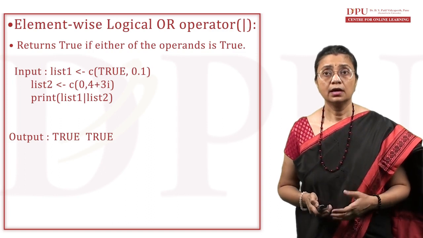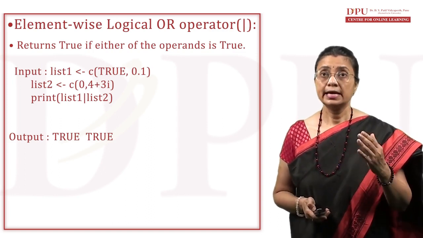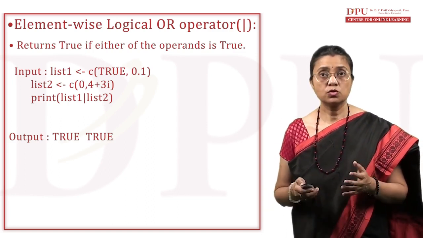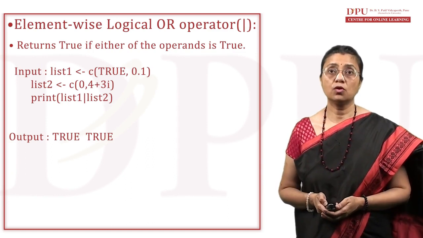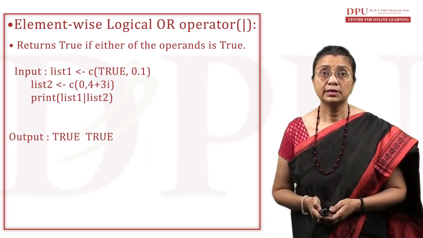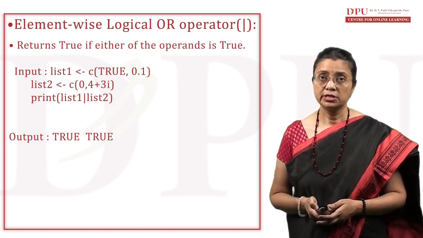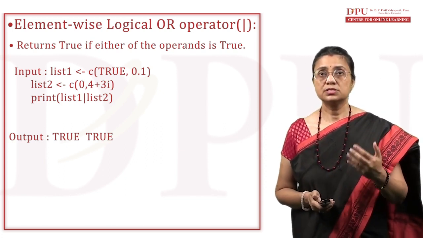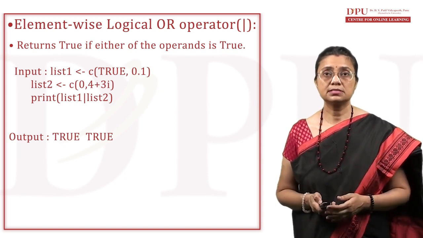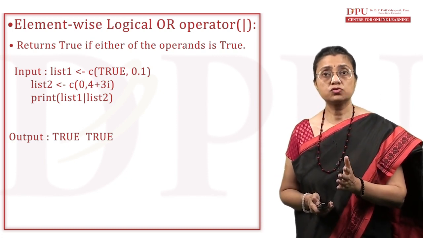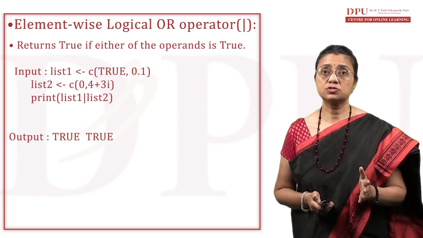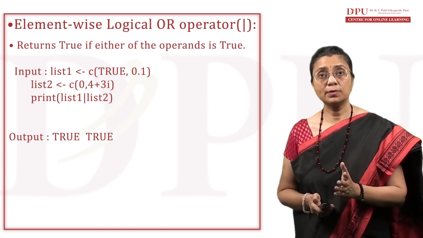Let's understand how we can apply these operators element-wise. The element-wise logical OR operator, as you have seen in the example, returns true if either of the operands is true. As you can see here, list 1 is true, 0.1 and list 2 is 0, 4 plus 3i.